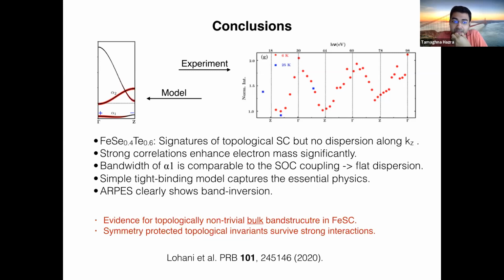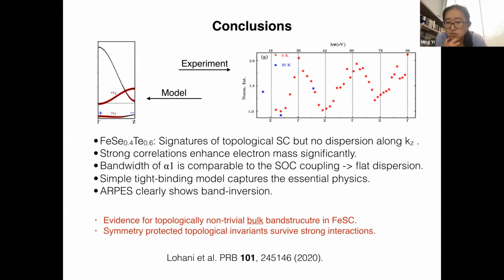So the other ingredient in this modeling that went in, that the band flattening is because of SOC-induced spin-orbit splitting, does not work for the DXZ, DXY or the DX square minus y square orbitals. So if we admit the possibility that this is a band inversion with DXZ-YZ orbitals with a DXY or DX square minus y square, we then have to grapple with the question of why is the band flat? So that was my 2 cents on that.